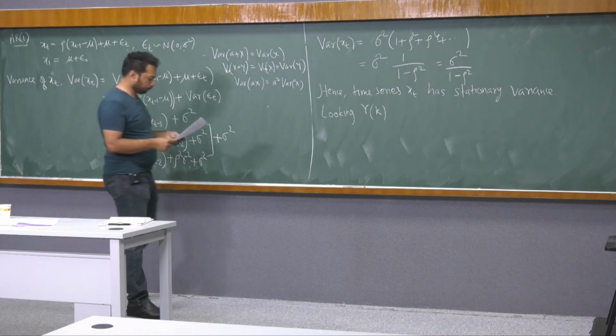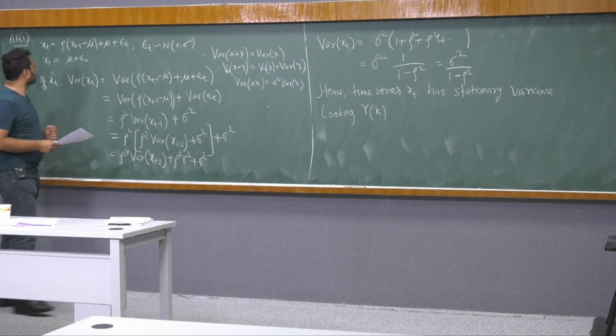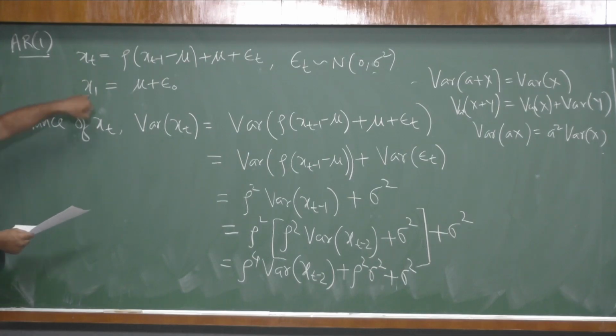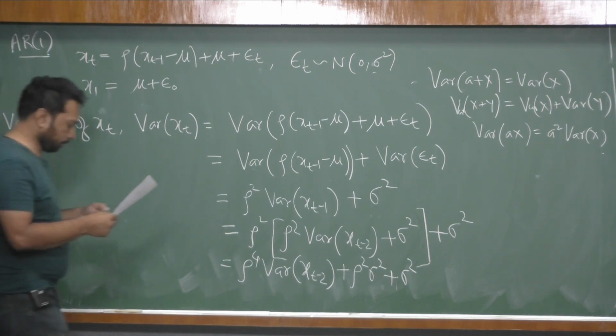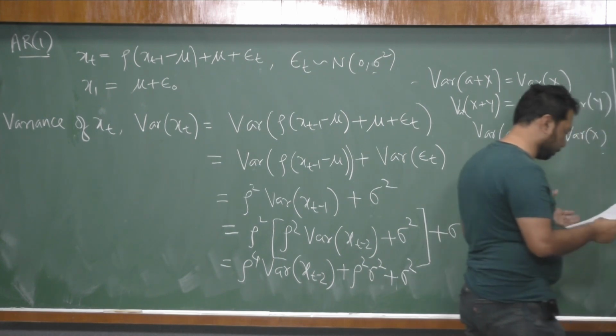We have already written expressions for these xt and x1. What we'll do for simplicity is subtract the mean from each of these, so that we make it a zero mean process.